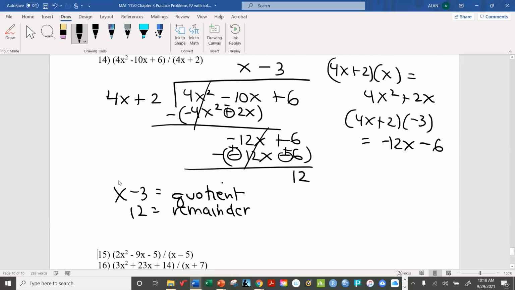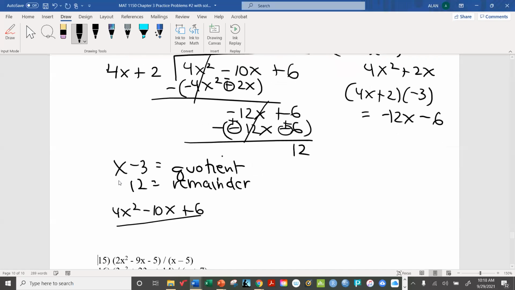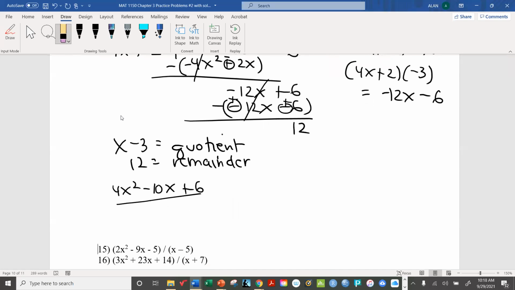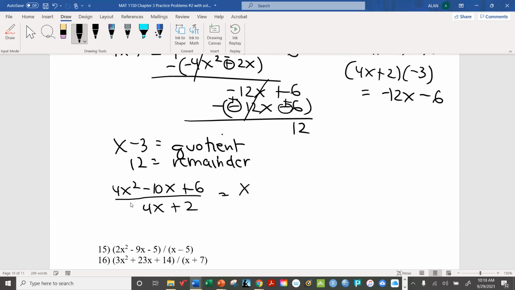And the problem is basically telling us that this ratio, 4x squared minus 10x plus 6 divided by 4x plus 2, equals x minus 3 plus 12 divided by 4x plus 2.